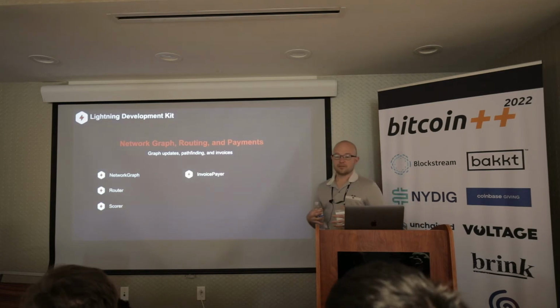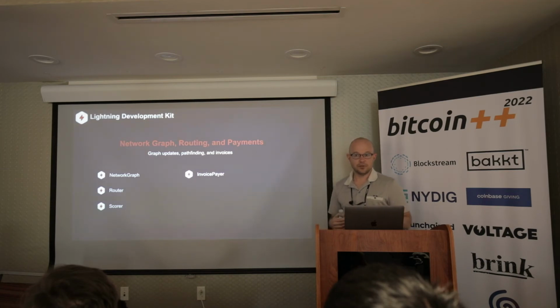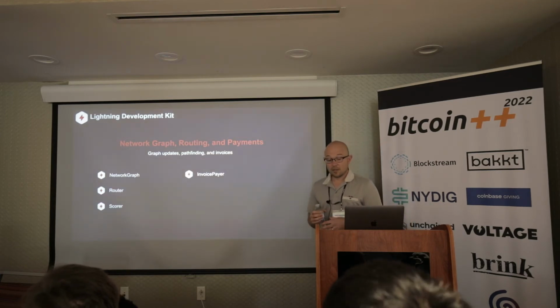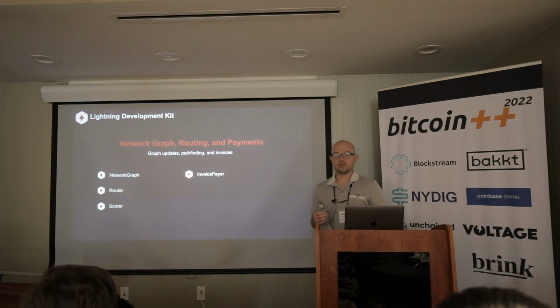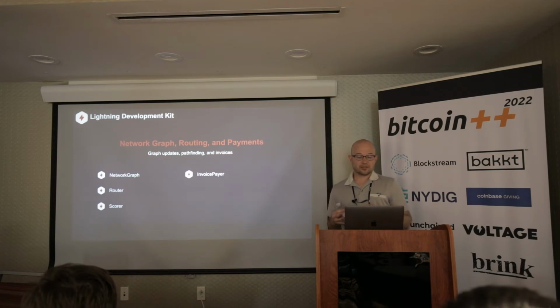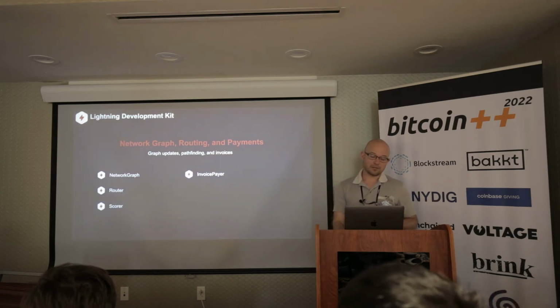It scores your channels as you use them, so that in future routing attempts, it can use that information to be more reliable. And then it provides a high-level invoice payer, which does what it sounds. You give it an invoice, and it will handle all the retries for you and make sure that it can pay the invoice or fail otherwise.